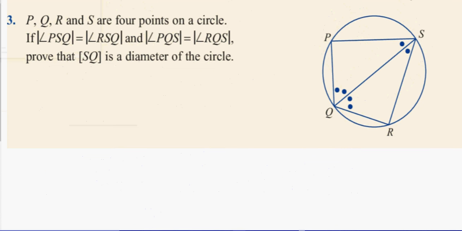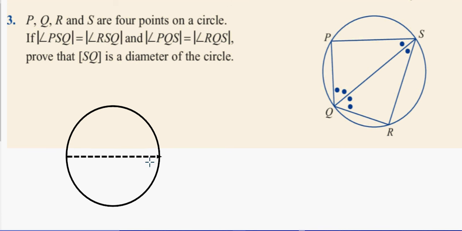Lads, you remember what I taught you in the last one? That if that's a diameter, I'm thinking, if I can prove that this one's 90 degrees, and I can prove that this one's 90 degrees, I can prove that QS must be the diameter, because they're standing on the same arc.